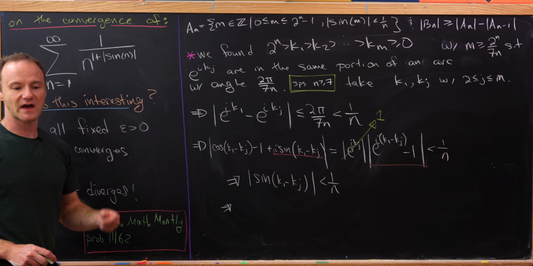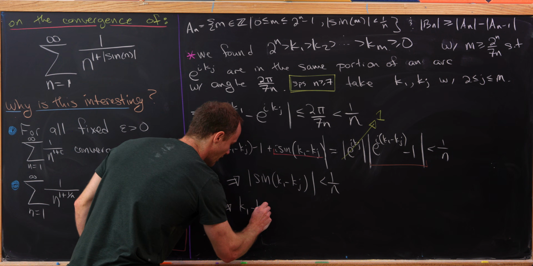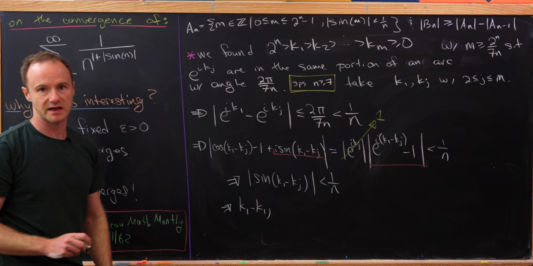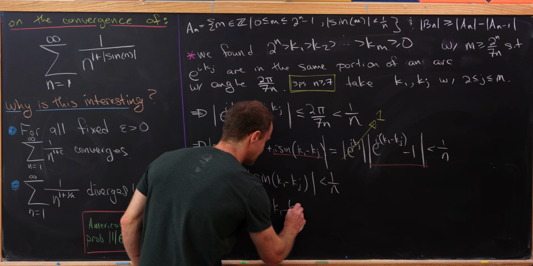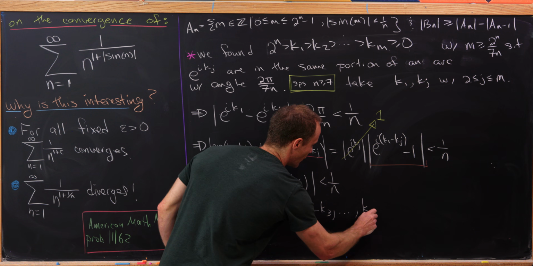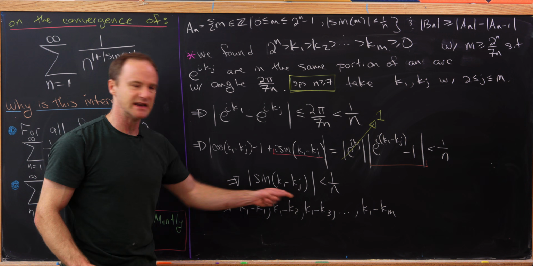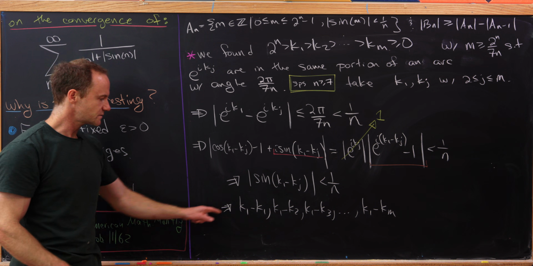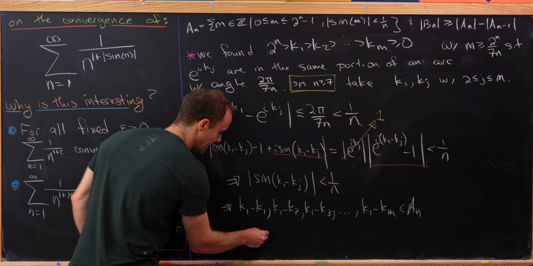So we've just found a lot of elements of A_n. For example, k_1 minus k_1 is inside of A_n, in other words, the number 0. And then so is k_1 minus k_2, k_1 minus k_3, all the way up to k_1 minus k_m. That's just by indexing those j's through. So, like I said, these are all inside of A_n.